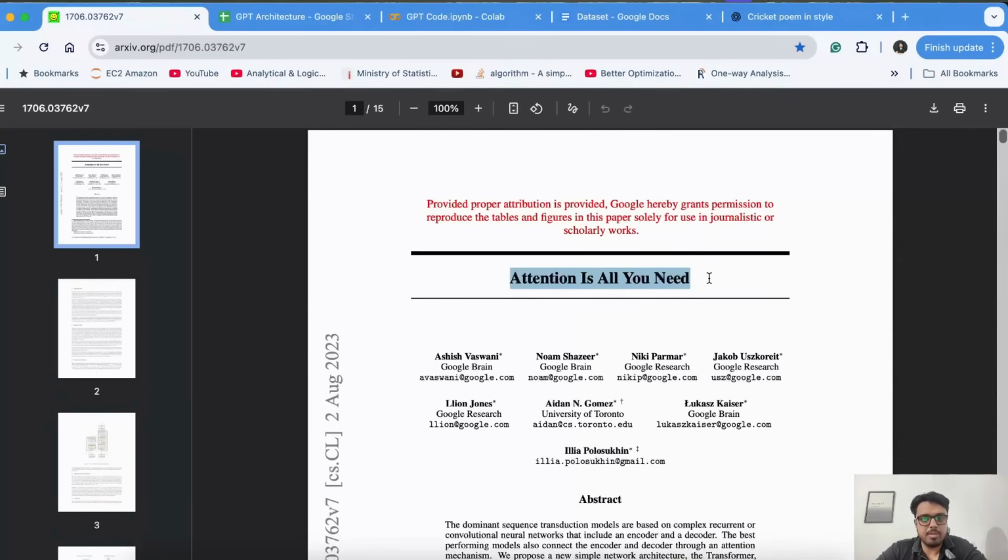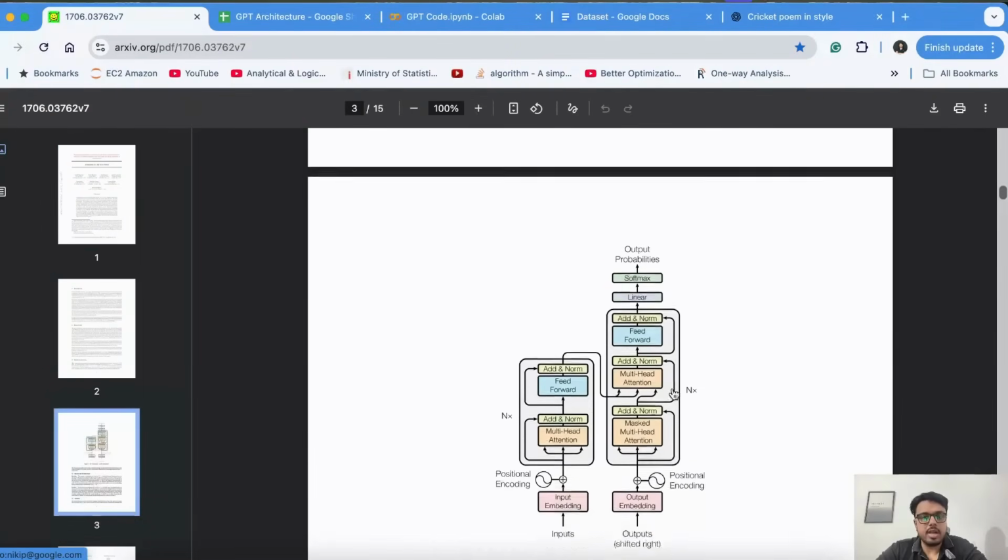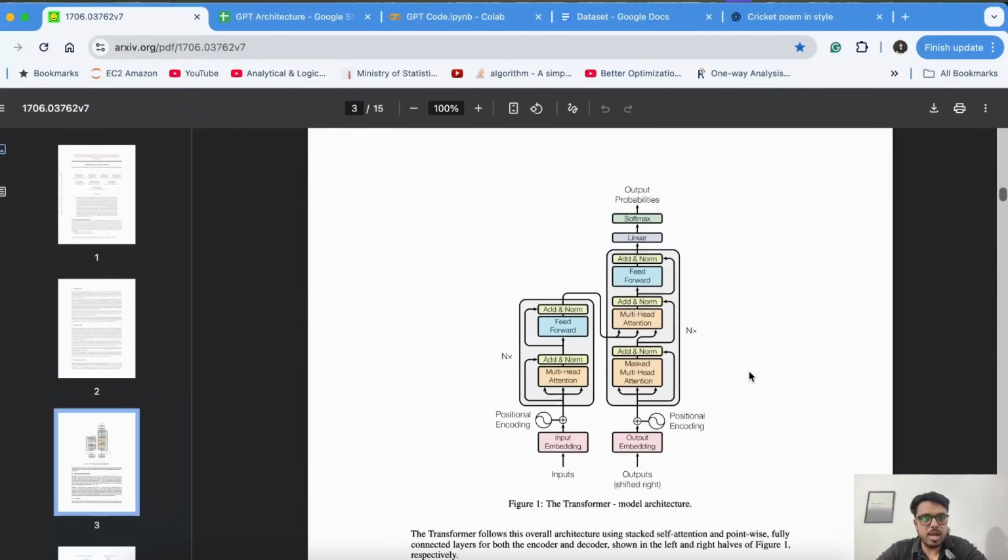This is a landmark paper, Attention Is All You Need, that first proposed the transformer architecture. After that, I think all the present day LLMs that you see picked up on top of this and created their own production grade, very large systems like ChatGPT and other LLMs.